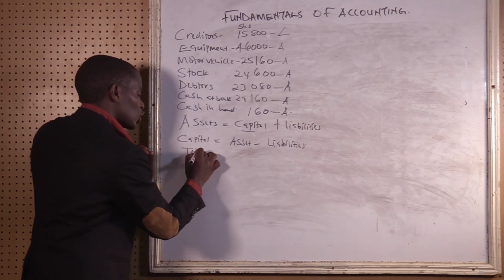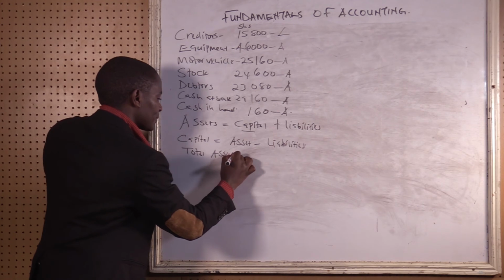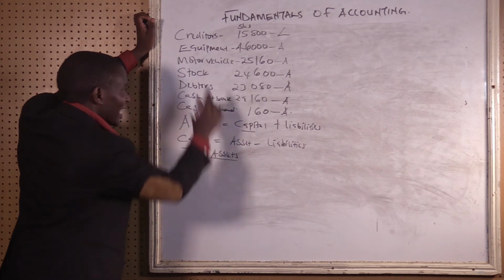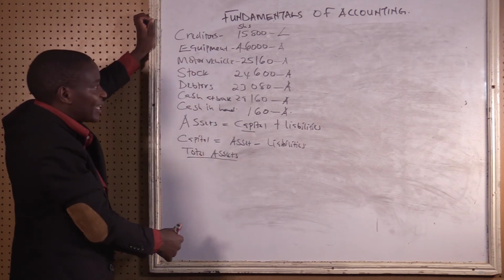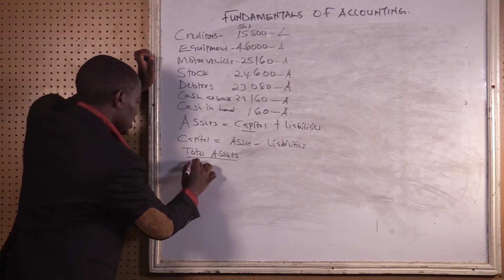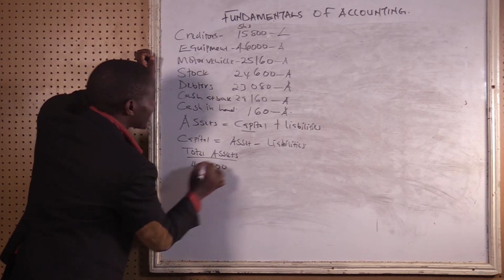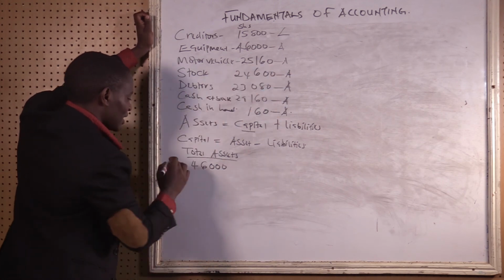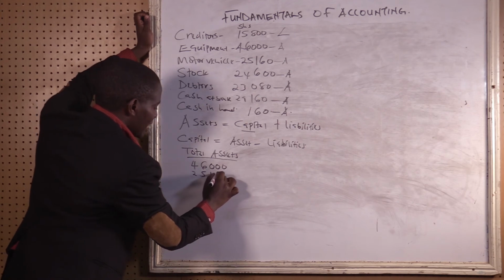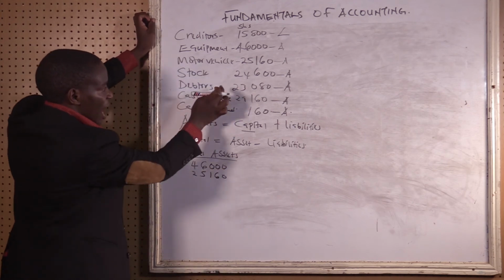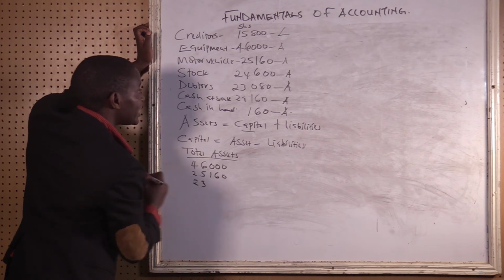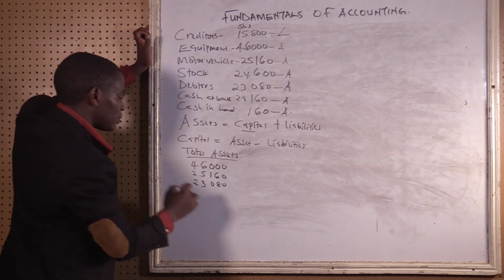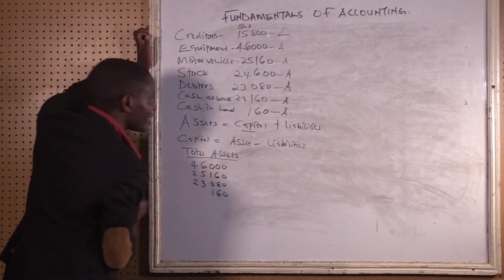Then, for us, we shall start by having the total assets. Our total assets, we have equipment, which is 46,000. We have motor vehicles, which is 25,160. We have debtors, which are 23,080 shillings. We have cash in hand, which is 160.